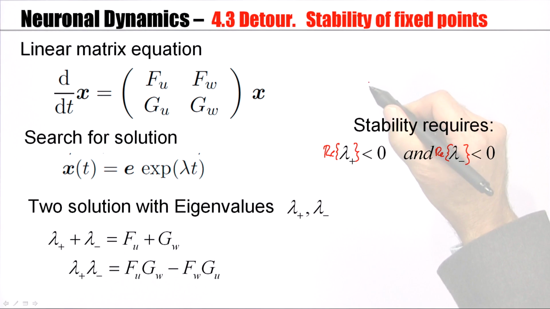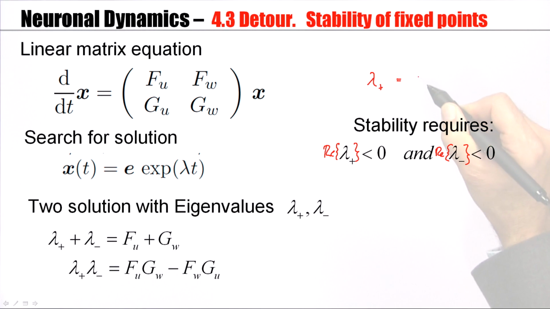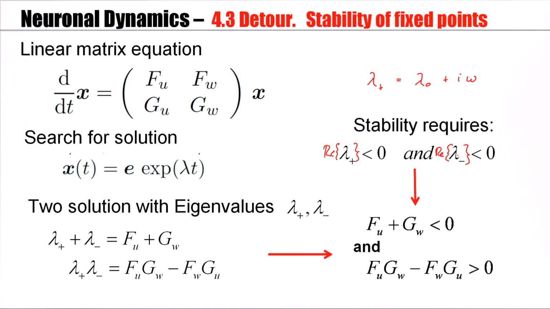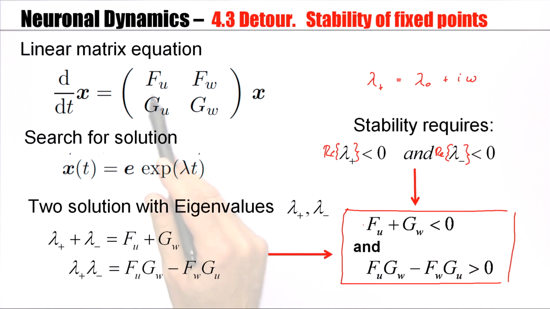Complex numbers means that lambda plus, for example, could be some real part, let's call it lambda 0, plus some imaginary part, i omega. Now, stability requires that both of these have negative real parts, and I can combine this with my rules here, and what I find are conditions on my derivatives arising from the Taylor expansions, or the entries of this matrix here, and these are the 2 conditions. Let's call this condition 1 and this here, condition 2.